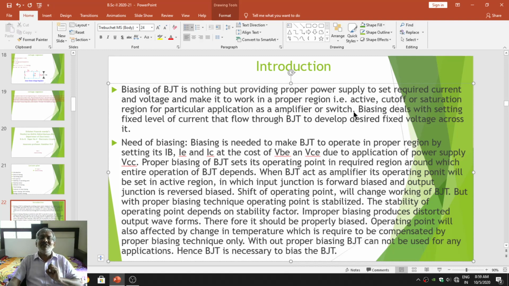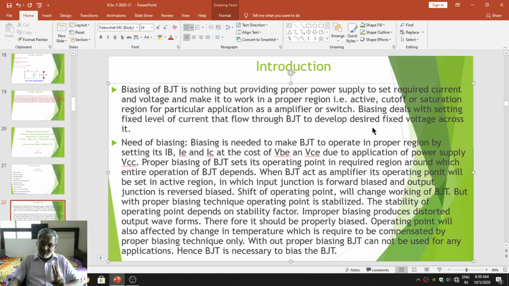To achieve this, we have to connect the power supply with proper magnitude that will allow a required amount of current to pass through it and to develop the necessary voltage, and at the cost of that the BJT may operate either in the active region as an amplifier or in the cutoff and saturation region to work as a switch.